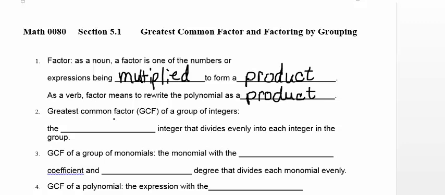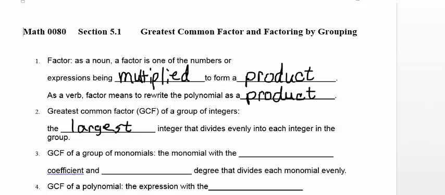The greatest common factor of a group of integers is the largest integer that divides evenly into each integer in the group.